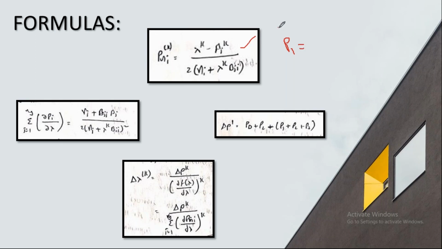This is the first iteration, so in the first iteration we are assuming lambda equals 8. For the first plant, P1 of iteration k is lambda minus beta 1 divided by 2 into gamma 1 plus 8 into B11. So this is the formula we have to use to find P1, P2, P3.